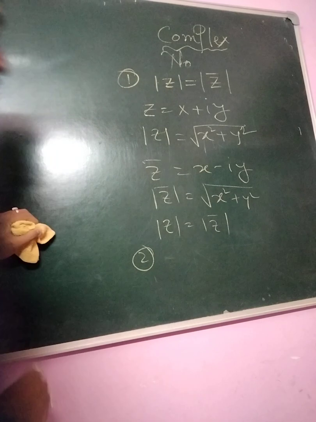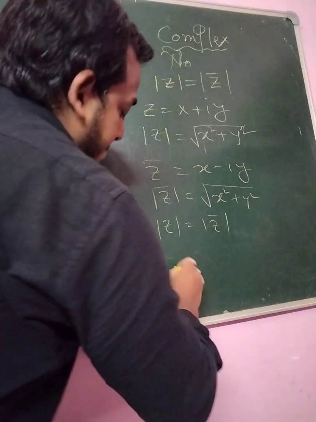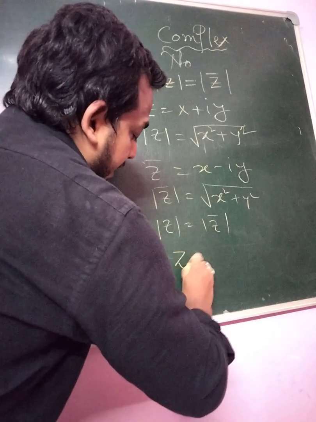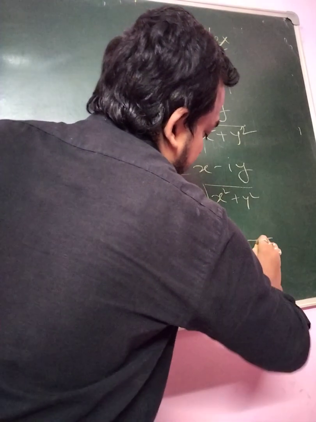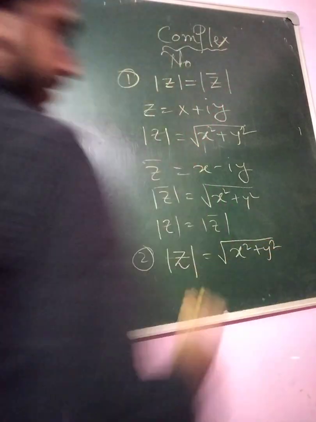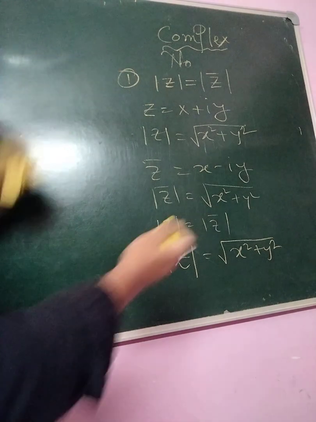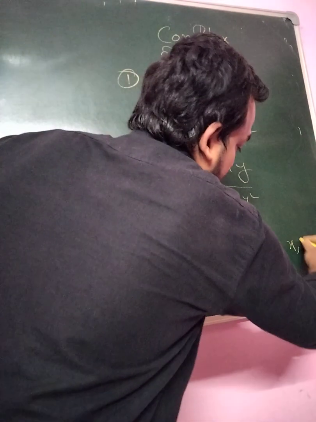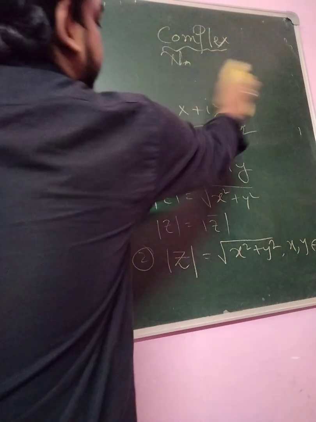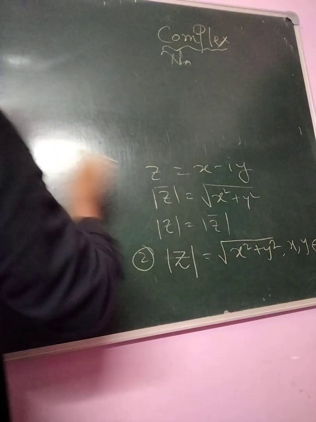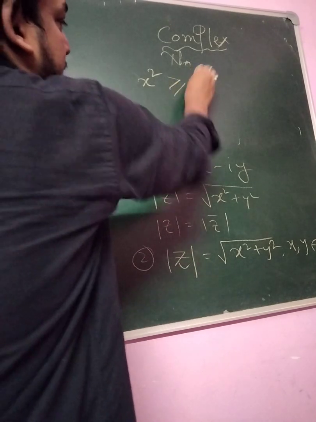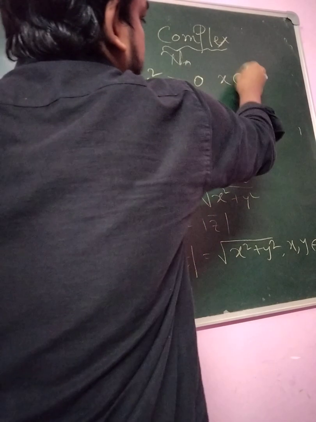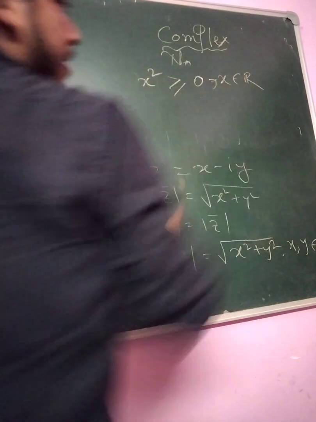And the next property is, we know that mod z is equal to root under of x square plus y square, and both x, y belong to the set of real numbers. So now we know that x square is greater or equal to 0, as x belongs to the set of real numbers.